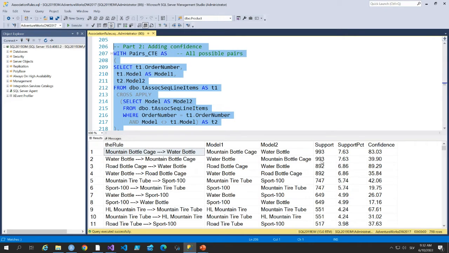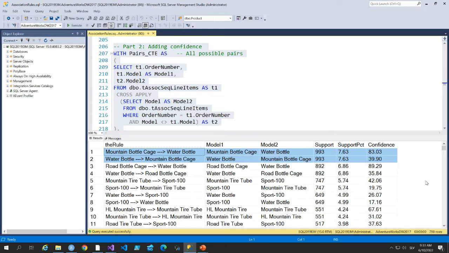And now I have the first item set, the most popular, mountain bottle cage and water bottle. We still have both combinations. We have support as an absolute number. We have support as a relative number. So this is 7.63% of all transactions. But look at the confidence. We found kind of an internal order.